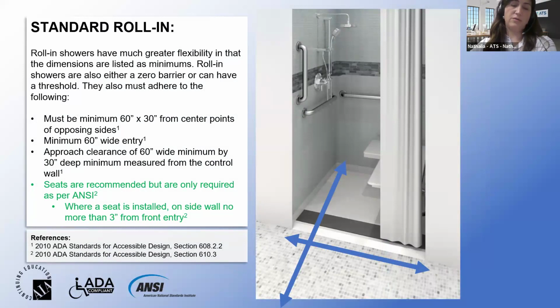ADA recommends shower seats, but only the ANSI requires the shower seat, and it should be located on the side wall no more than 3 inches from the front entry.